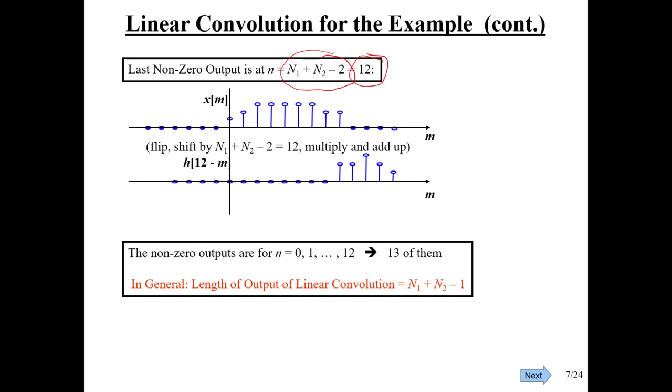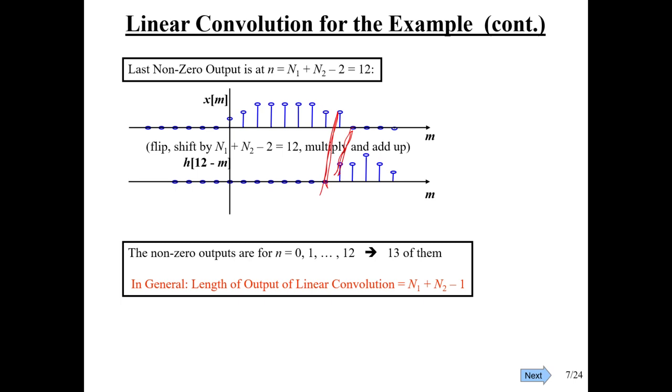So that would be the general scenario for N1 and N2 being the lengths of the two things that we're convolving. That is the last time that will have any non-zero product. So we'll get an output at n equal to 12, but then if we go one more, n equal to 13, those two will be lined up, those two will be lined up.